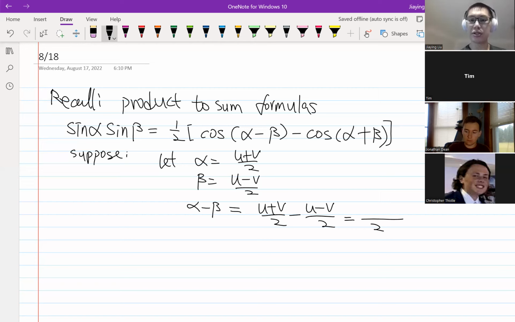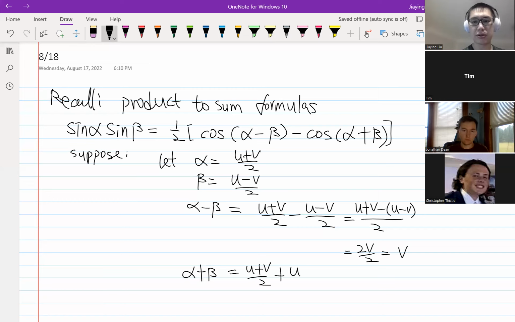When we distribute the negative, the u terms cancel, but we have 2v over 2, which is v. And alpha plus beta is u plus v over 2 plus u minus v over 2, which gives 2u over 2, which is u.